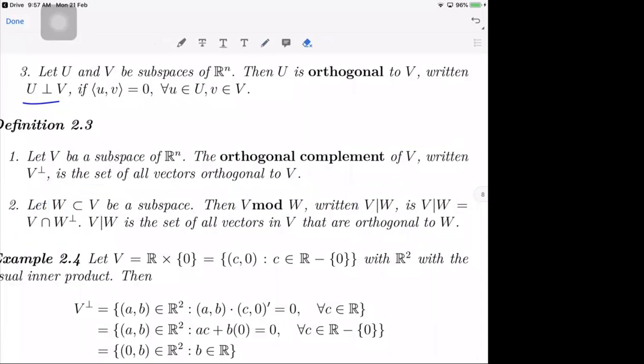Okay, so this is the orthogonal complement. V mod W is V intersection W perp. The shortcut notation is like V divide W.